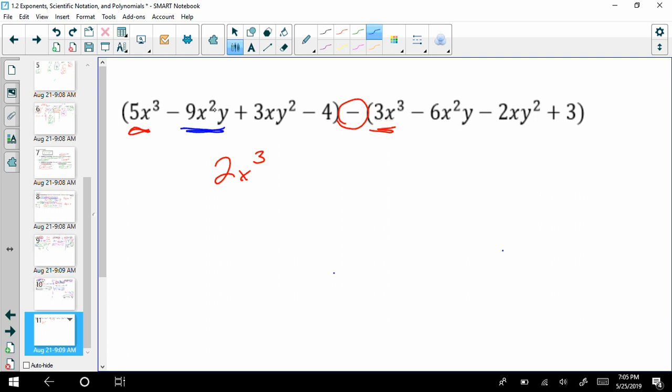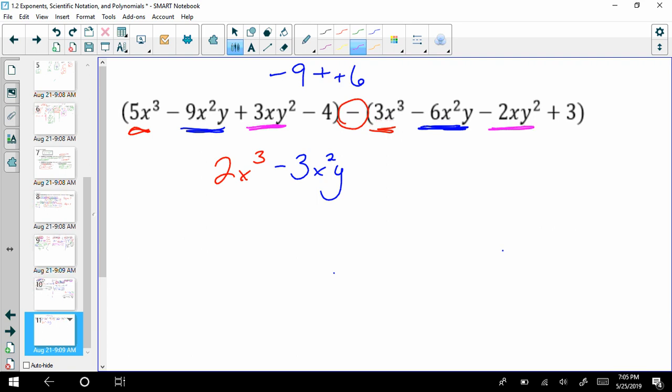Now let's do, this is an x squared y. Oh, perfect. I have another x squared y. So negative 9 minus negative 6. So it'd be negative 3 x squared y's. Now let's do the xy squareds.